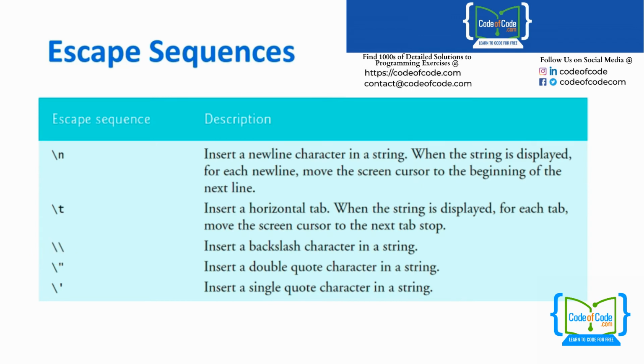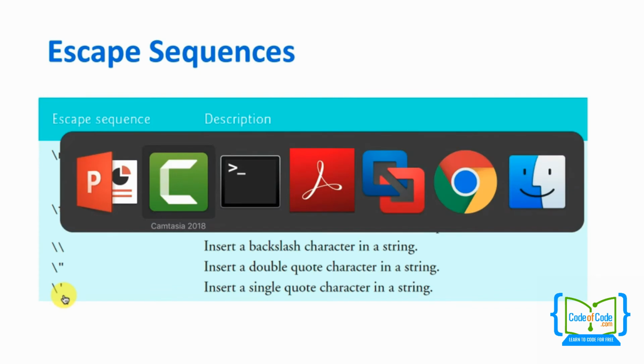It introduces the escape sequence. And if you're working in a double quoted string, you can put a double quote within that string by using backslash double quote. If you're working in a single quoted string, you can put a single quote within that string by using backslash single quote as well.